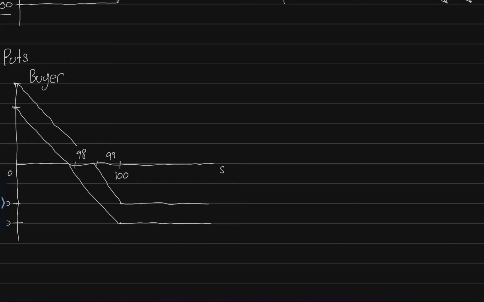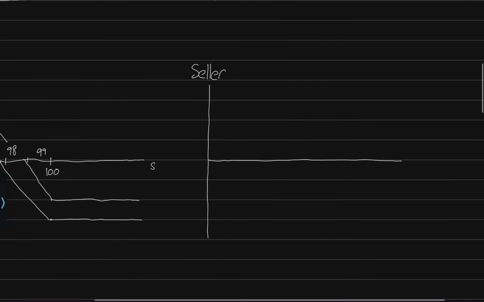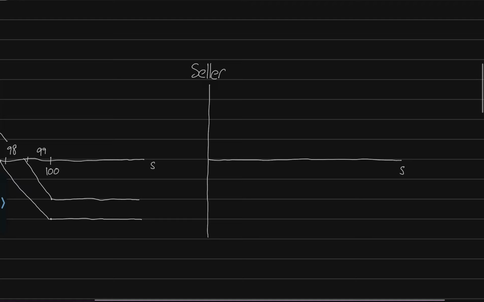Now, the seller of this contract would also have a payoff ratio. I could draw that out as such. This is my stock price, the y-axis is my payoff, and then I have a strike price of $100.